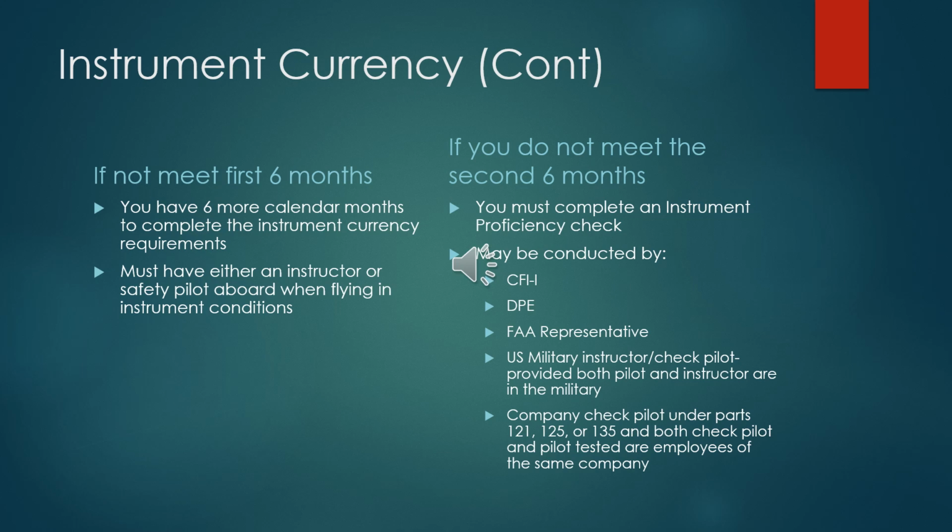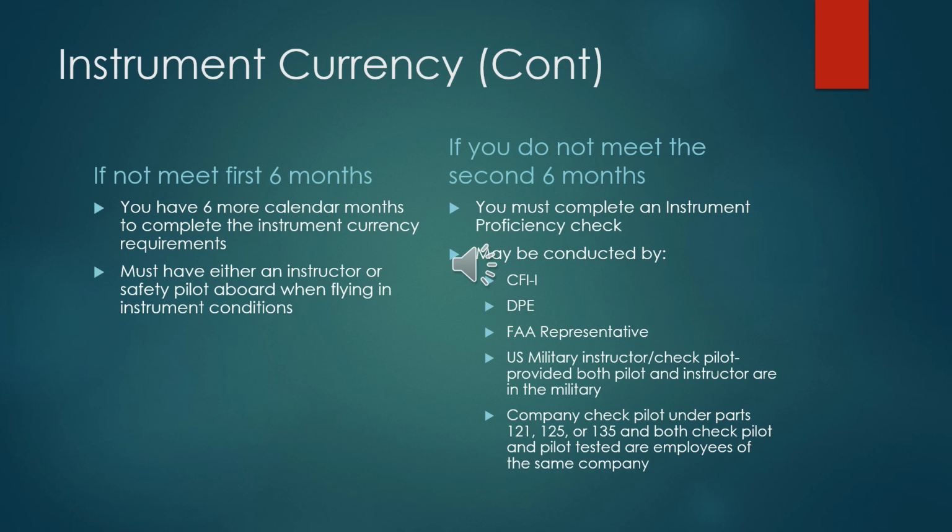I lived in Indiana. We saw random snowstorms in the middle of April. It could happen. So we don't get our instrument currency in that first 6 months. So from January to June, we don't get anything. So we've gone through an entire winter. We've gotten springtime. We've gotten hit with tornadoes. We've had thunderstorms like crazy. We didn't get the opportunity to do it.